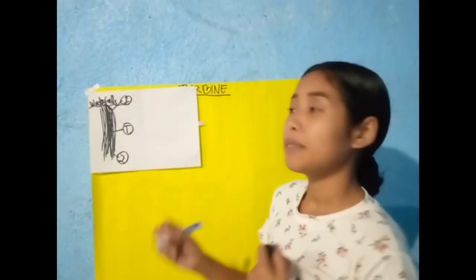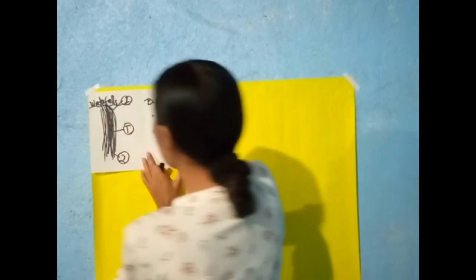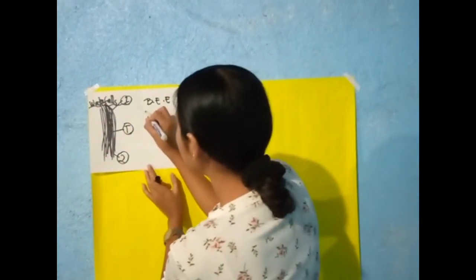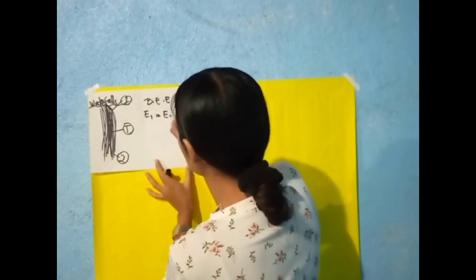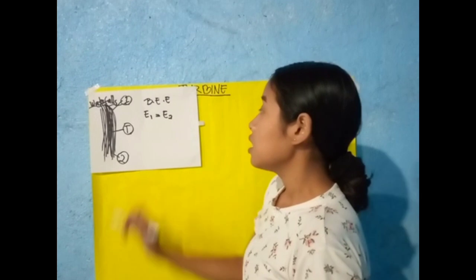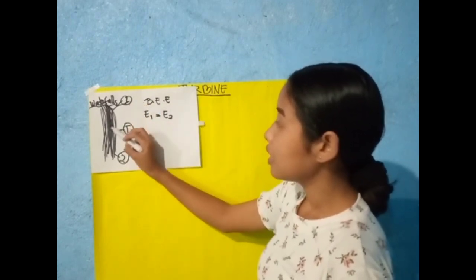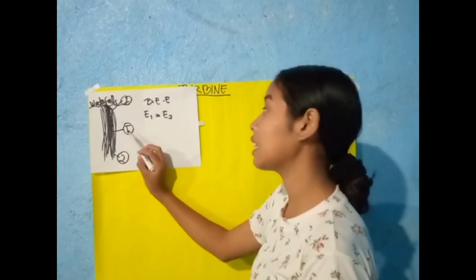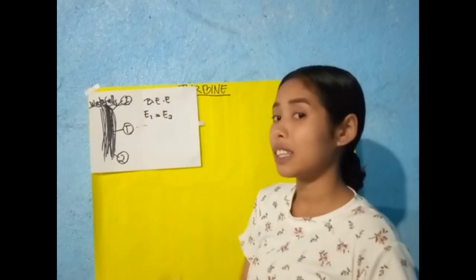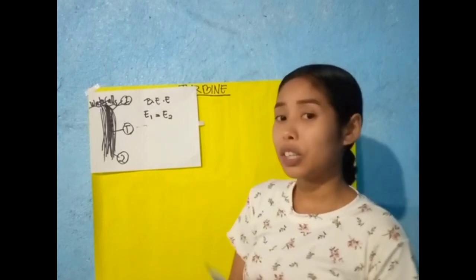We said that in our Bernoulli's energy equation, the energy in point 1 is equal to the energy in point 2. Pero nung dumalo yung tubig dito sa turbine, dumalo yung energy at tumama dito sa ating turbine, it converted that energy into electricity dahil may mga nakuha na energy yung ating turbine.